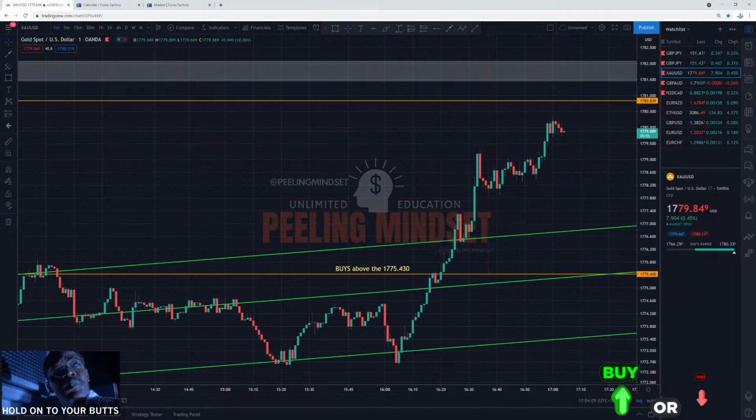On the 1 minute, as we said, price did move up, moved sideways, moved up. If it's going to move sideways again, we can achieve that 1780 level, 100%.